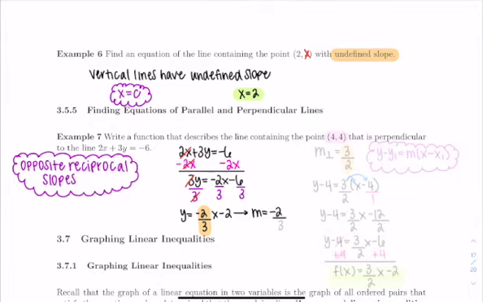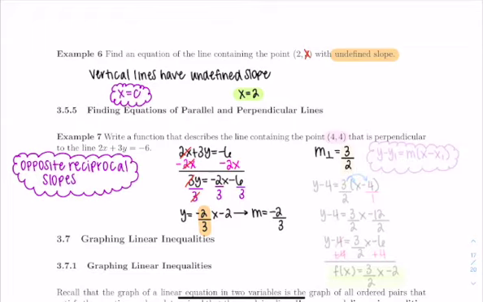That means that the perpendicular slope, which we usually designate with this upside down T symbol, is the opposite reciprocal. So we're going to change it from negative to positive. Now it's a positive slope, and we flip the fraction so that we end up with 3/2.